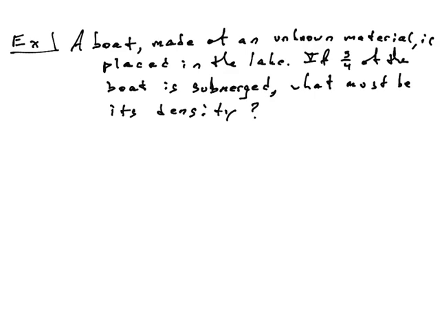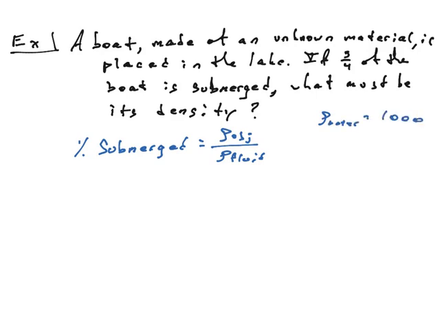All right. Well, this type of problem, whenever you see this fraction submerged, what's the density? You think percent submerged is the density of the object over the density of the fluid. In this case, what fluid are we talking about? We're talking about the lake, water, and I know that the density of water is 1,000.